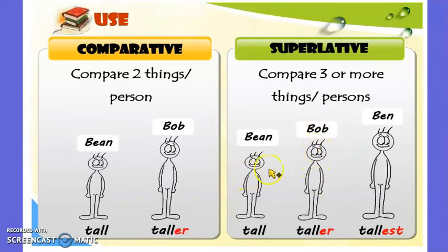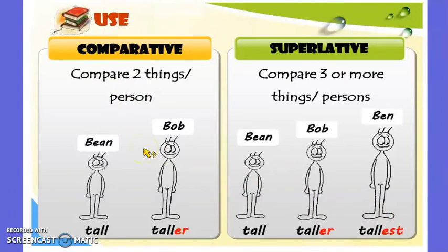Okay, here we have three persons. Tall, taller, tallest. Tallest, we add est for the short adjective and most for the long adjective, and we use the: the tallest, the most beautiful. In comparative, we compare two things.